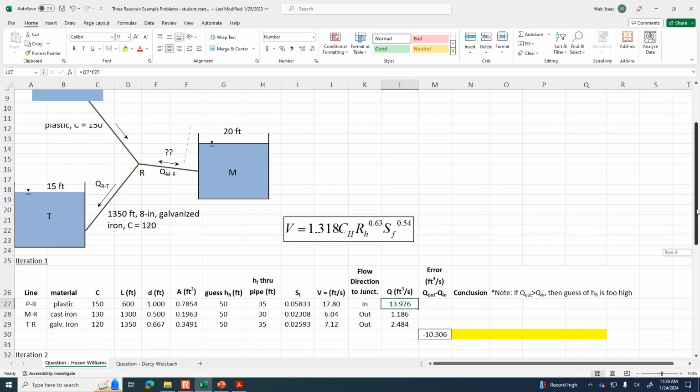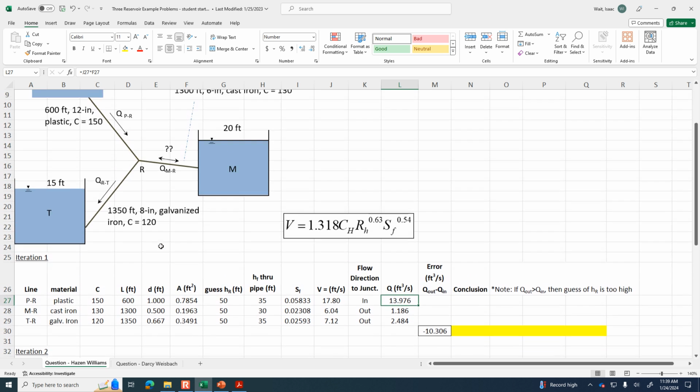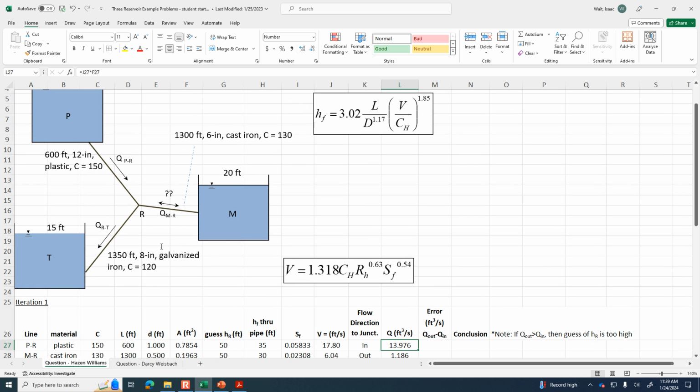So think about what that means. The amount of head at R. Our guess is suggesting that there would be a lot of flow, like if the elevation is that high, then there would be a lot of flow through pipe PR, but very little flow through these.